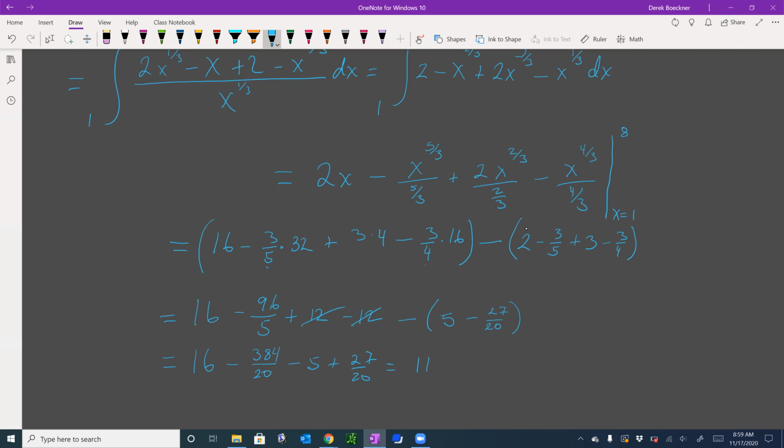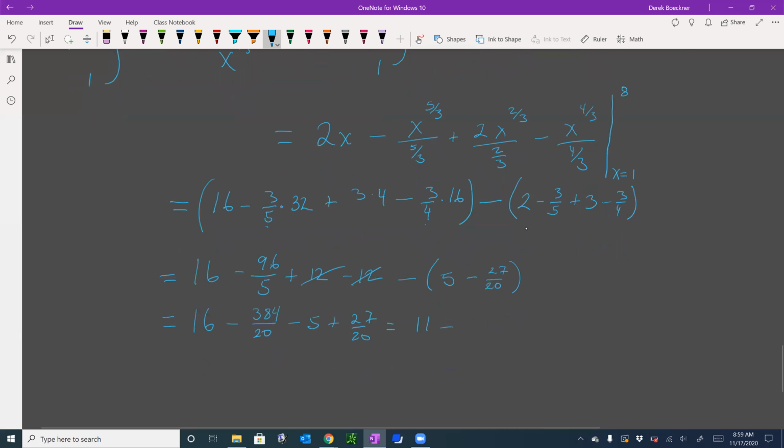Then 384 minus 27 is 357 over 20, and that reduces to 137 over 20. As long as my arithmetic was right, we're good there.